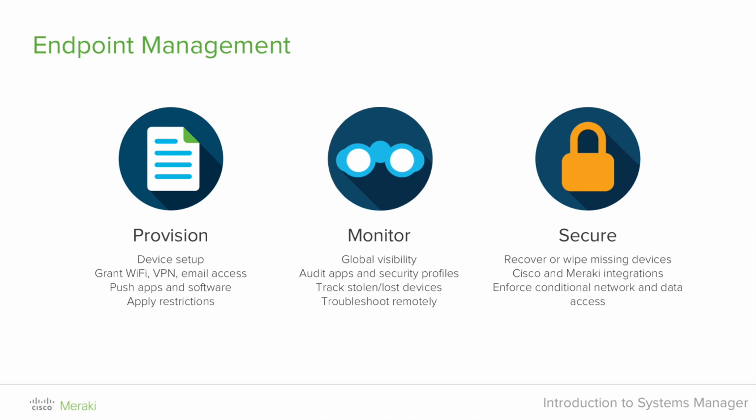On the provisioning side, what we're talking about there is using Systems Manager to fully set up a device with the Wi-Fi profiles, VPN profiles, email access and configuration, the applications, both store applications and custom applications that the device needs, and even pre-configure the device with any custom restrictions or configurations to do things like maybe limit point-of-sale devices to only show a certain set of apps to the end user, or lock student devices, turn off Bluetooth, block the App Store, any custom configurations you need on a given device.